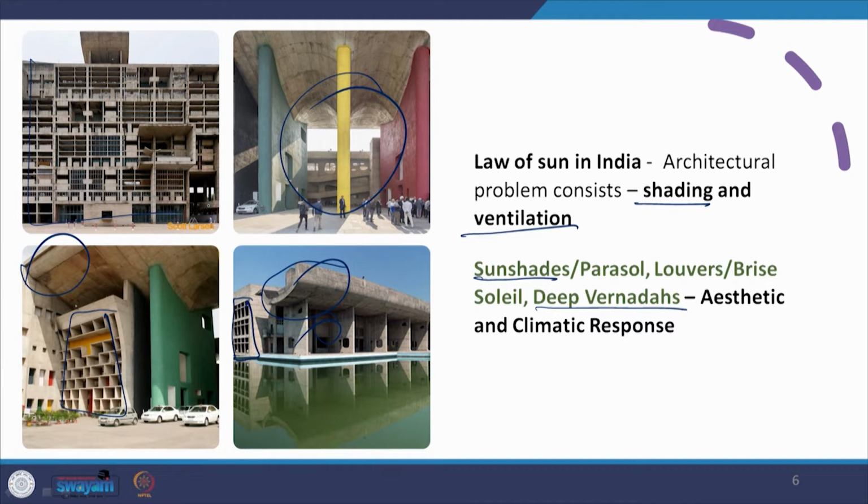So in fact what Corbusier did was that he took these elements and did not keep them as a climatic response, but made it also an aesthetic response. The sculptural force of the brise soleil in the assembly building is so powerful. If you remember, go back to my previous presentation when I compared this with the louvers of Chitle in Chennai. What I told you was that Chitle's louvers, which are horizontal louvers, are very dense.